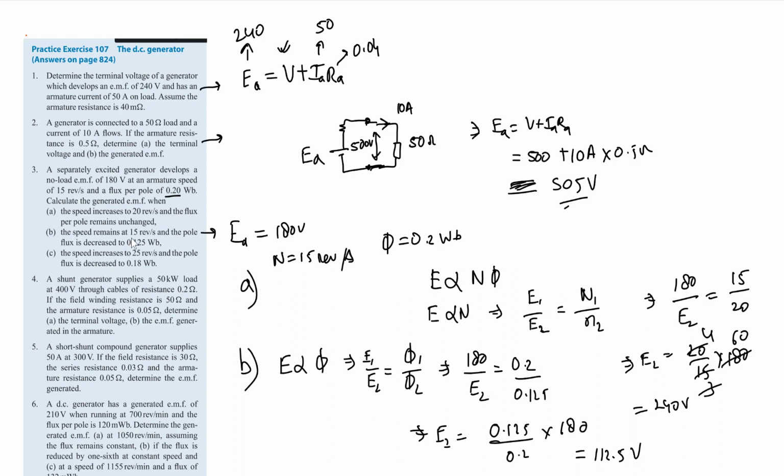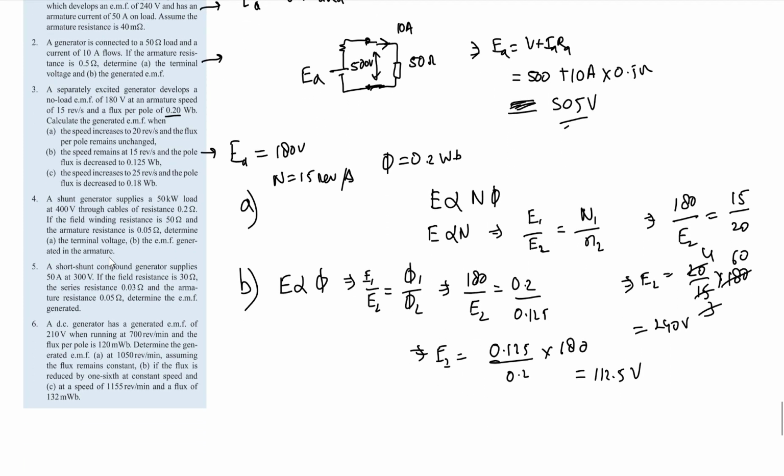So now let's see part C. The speed also increased, and the pole flux is also changed. So speed is increased to 25 revolutions per second, and flux per pole is decreased to 0.18. So when both are varying, I can write E is directly proportional to phi into n.